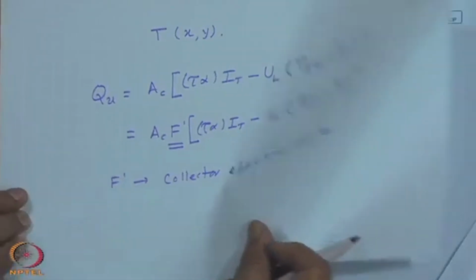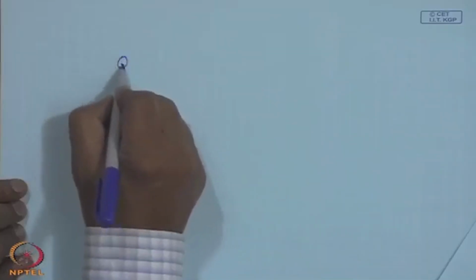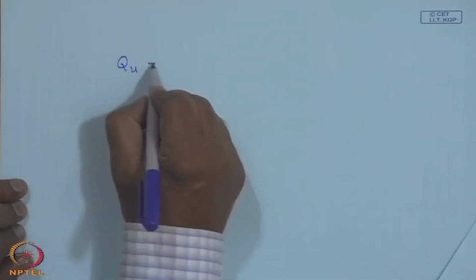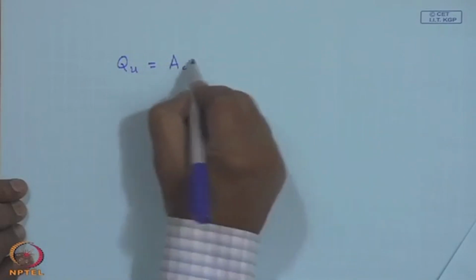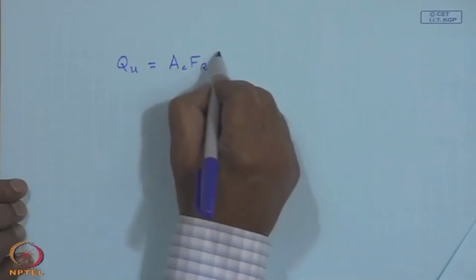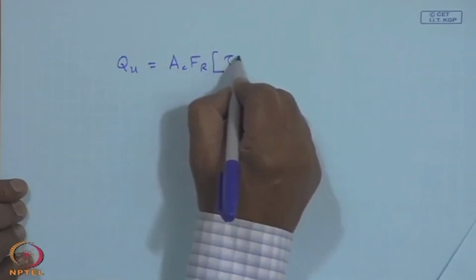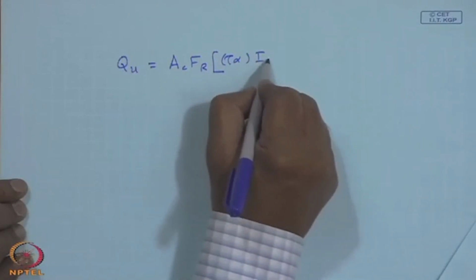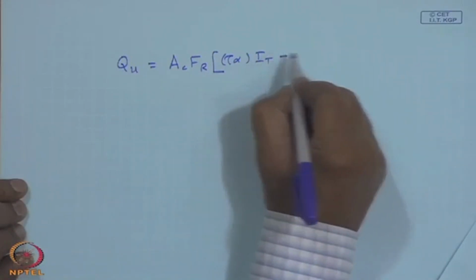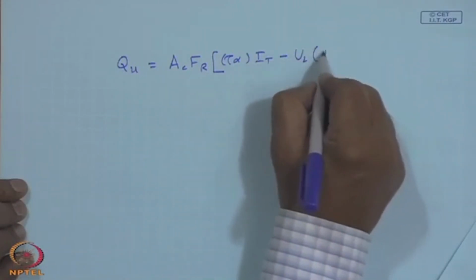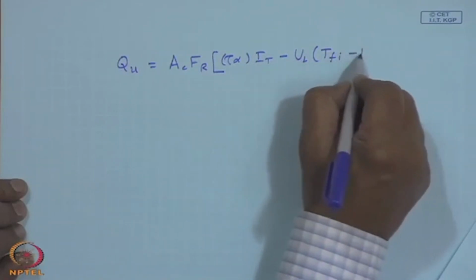And even to avoid the uncertainty of defining TFM, QU can be expressed in terms of the inlet temperature of the collector. This is a single point temperature.